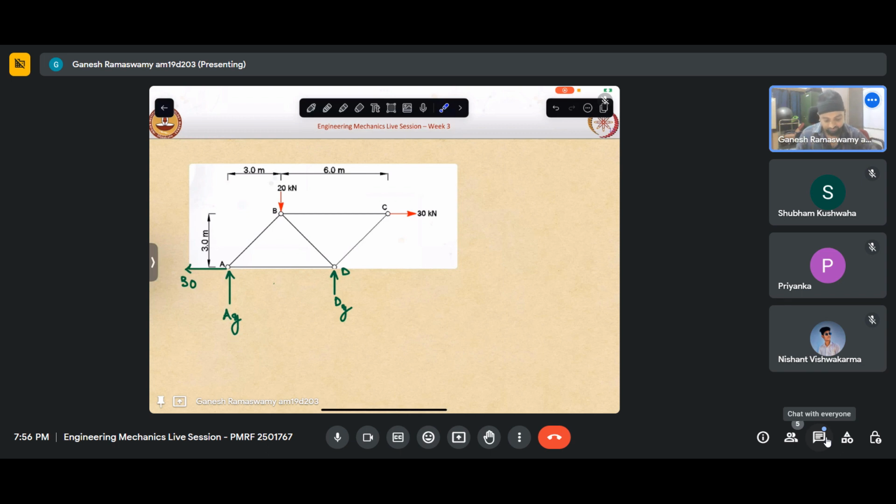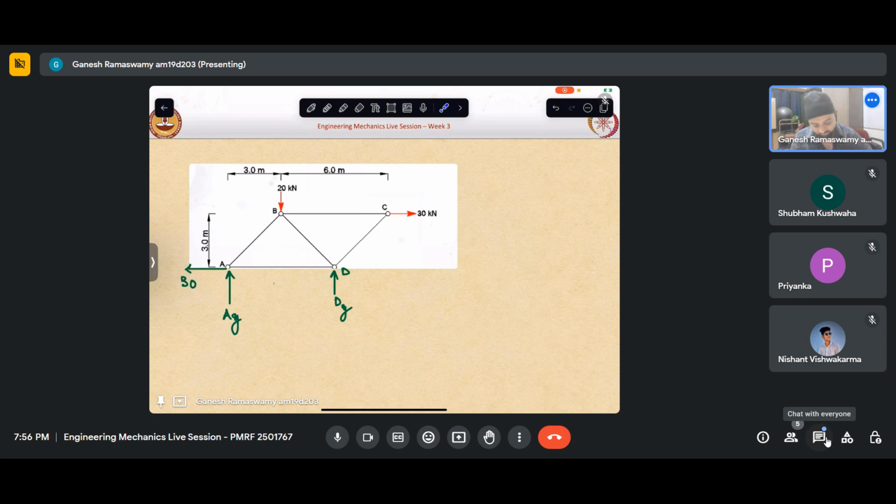So essentially these two forces about A, if we see, they are trying to rotate it in the clockwise direction. So Dy will try to restore that by applying a force like that. So essentially it is Dy into 6 equals 150.